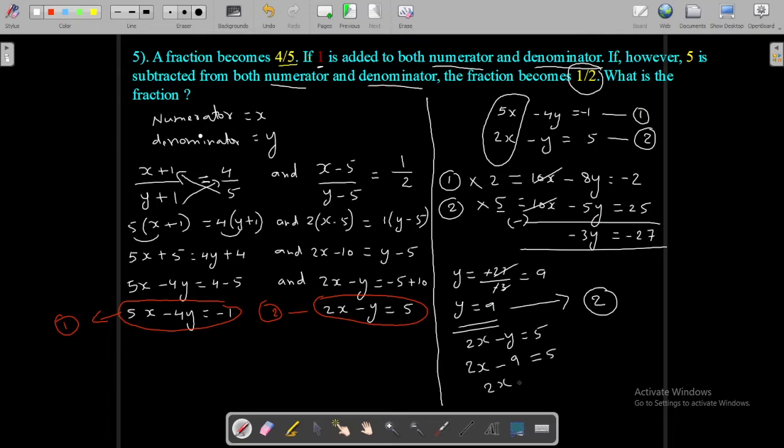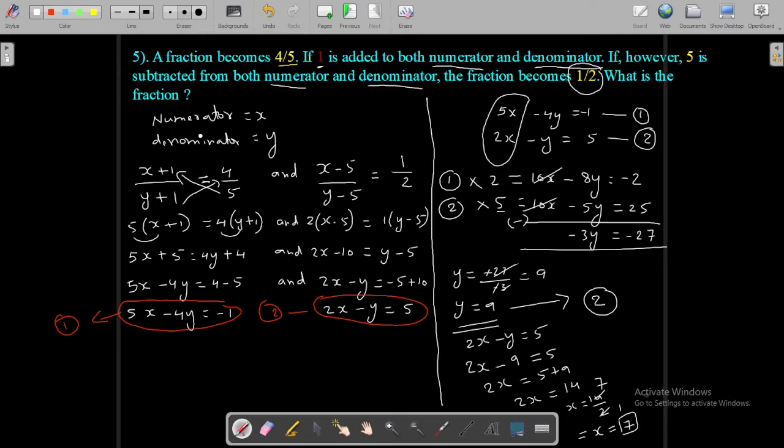That is nothing but 2x is equal to 5 plus 9. 2x is equal to 14. So x is equal to 14 by 2. So x is equal to 7. 2 sevens are 14. So x is our 7.